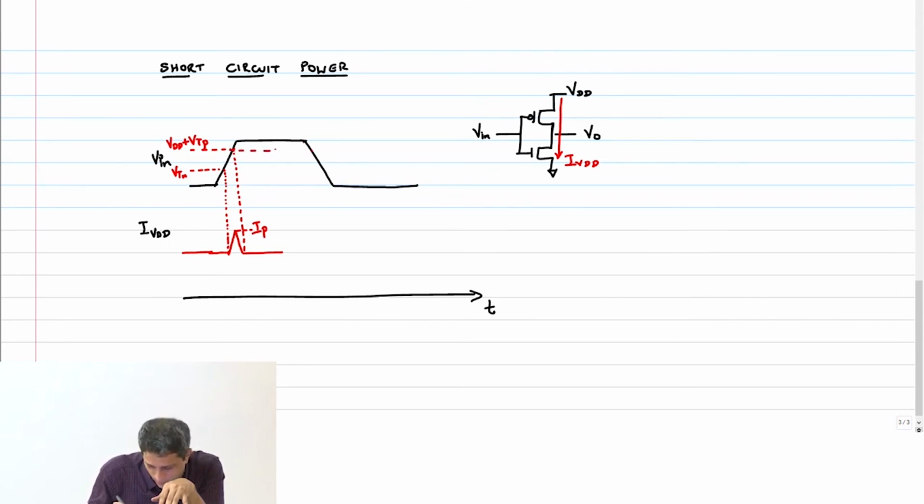So this is again my VDD plus VTP. So this again will go up like this, come down to 0, and then you will be done.